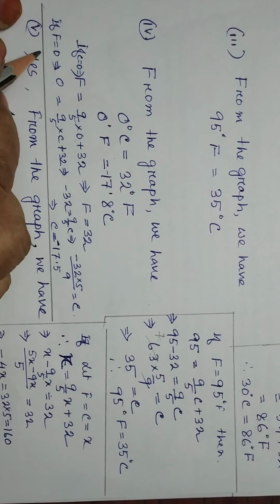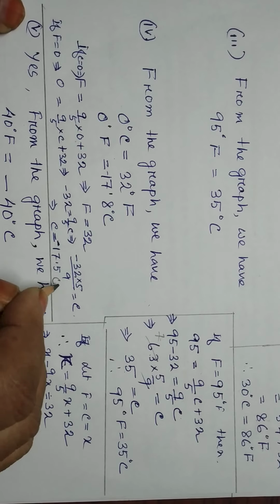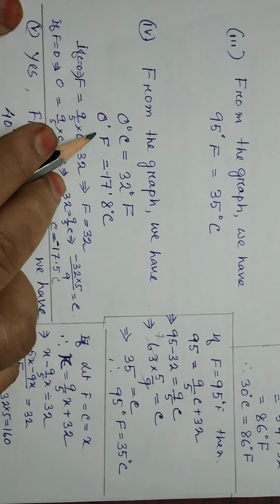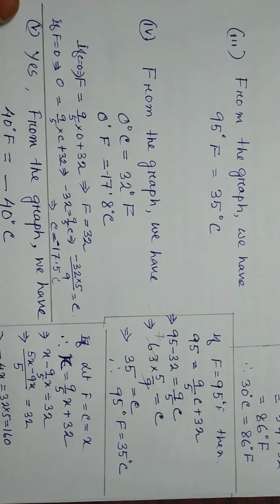That means 0 degree Fahrenheit is equal to minus 17.8 degree Celsius. And here, 0 degree Fahrenheit is this one, and 0 degree Celsius is this one.